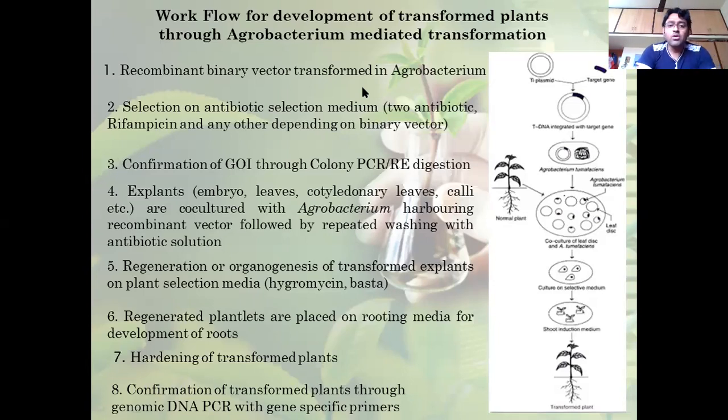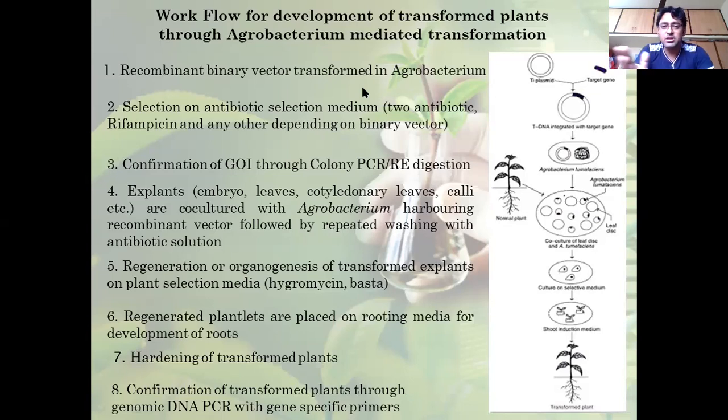Okay. Now, once I introduce this binary vector into the Agrobacterium by simple bacterial transformation, then we will select the recombinant Agrobacterium strain on the basis of antibiotics. One antibiotic for my gene of interest or my vector, and one for the Agrobacterium system. So rifampicin in most cases is used for Agrobacterium, and one antibiotic that is present in my binary vector.